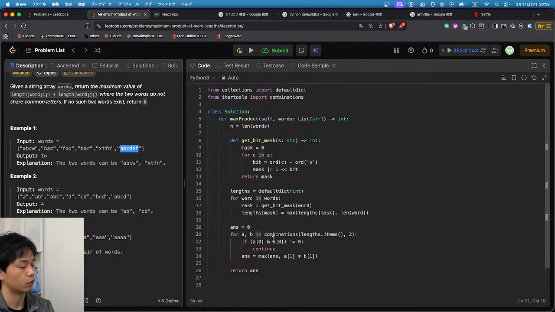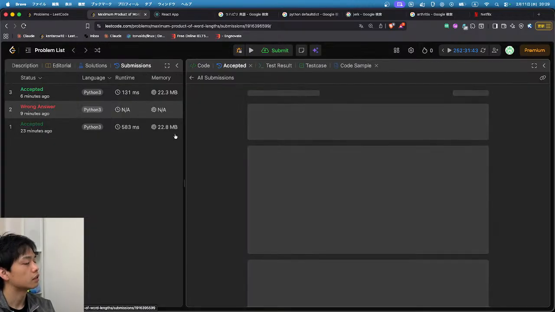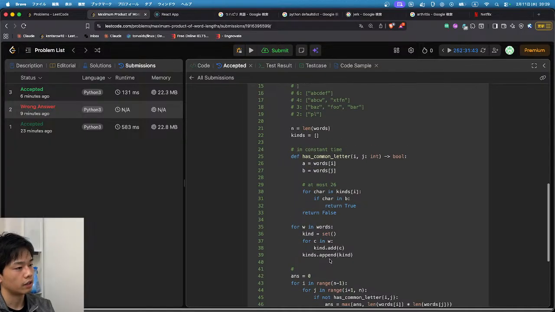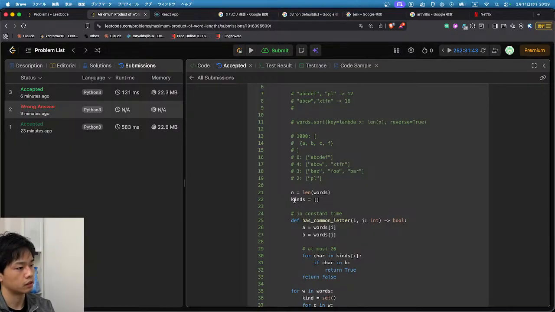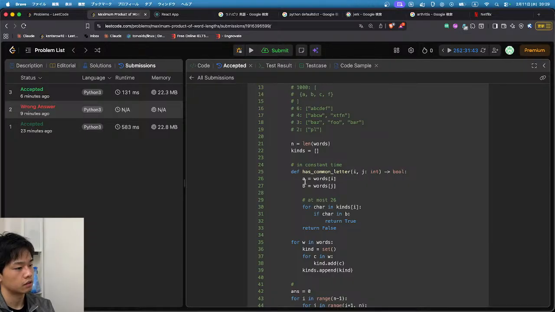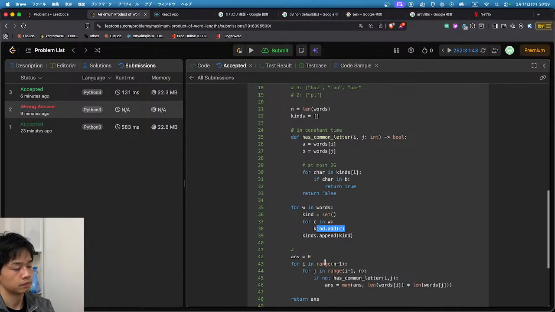And the first idea that comes to my mind is to use a set structure. So I prepare the list of sets, and each word is converted into a set like this.